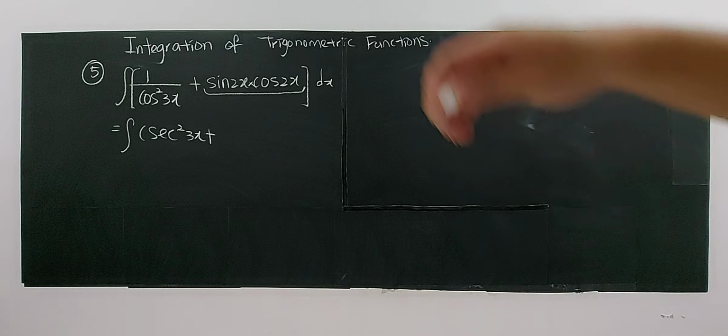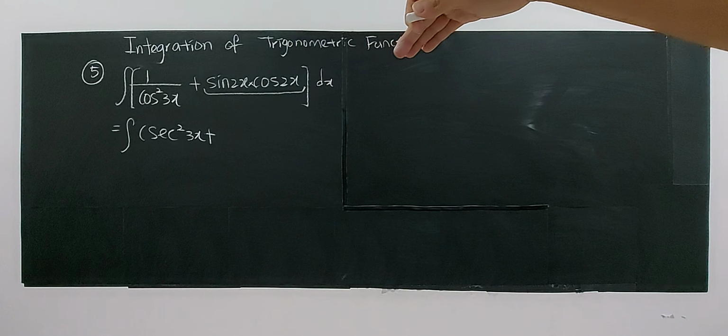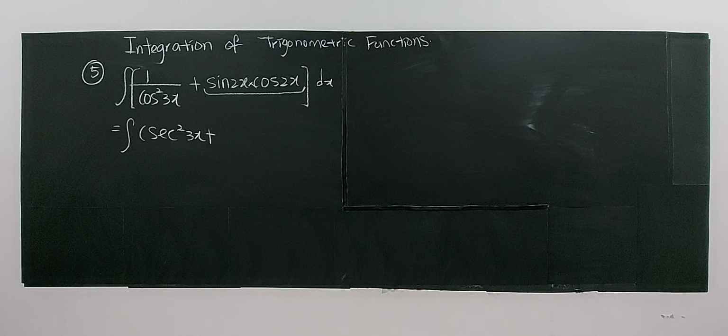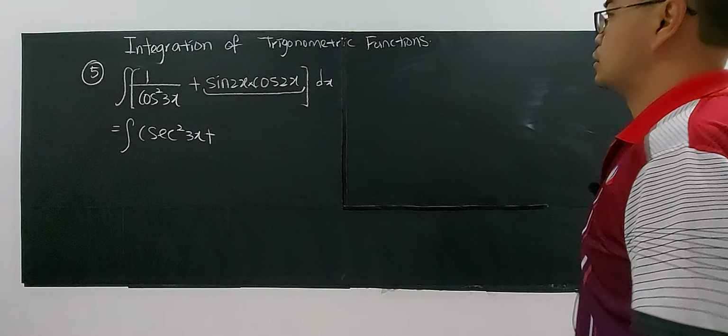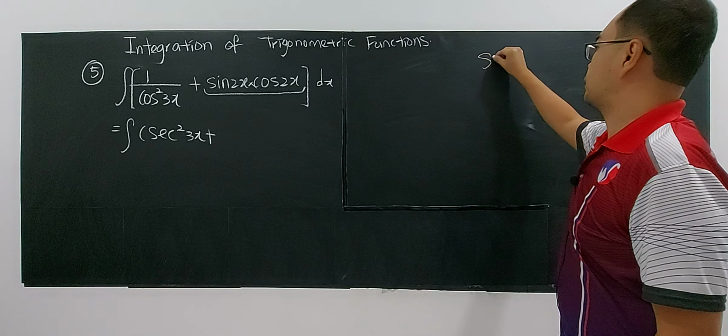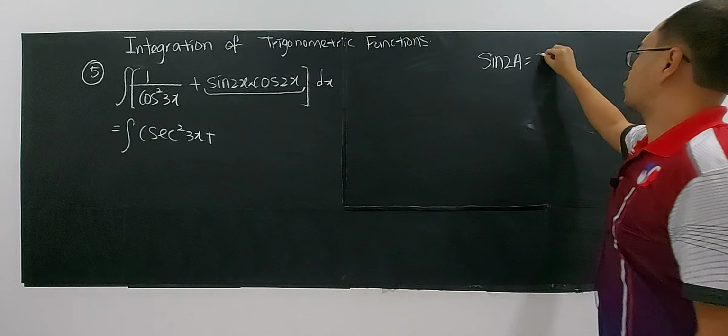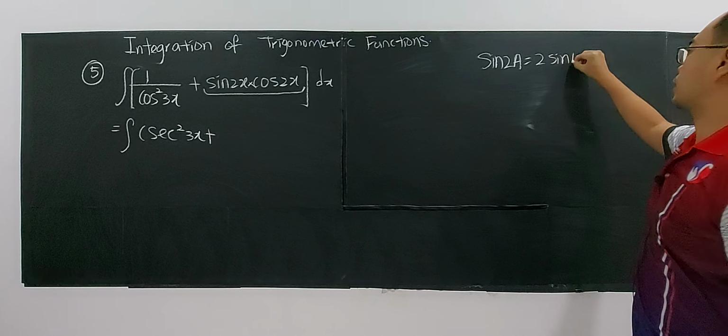Means that when you study about integration of trigonometric function or the trigonometric formula, you have to remember. So for example, if I have sine 2x cos 2x, and I remember there is a formula which is sine 2a equals to 2 sine a cos a.